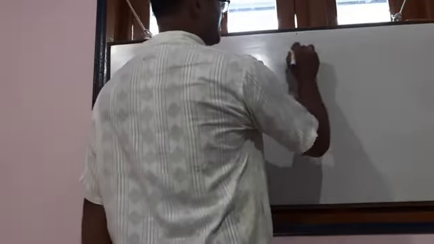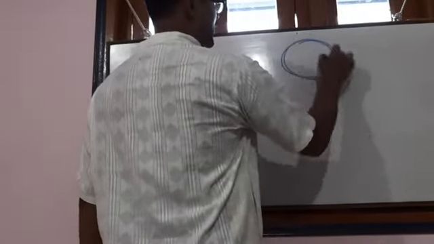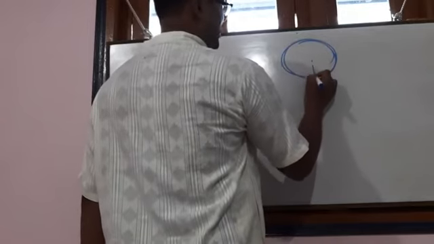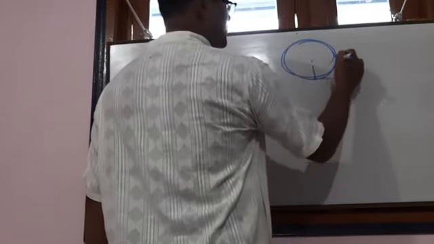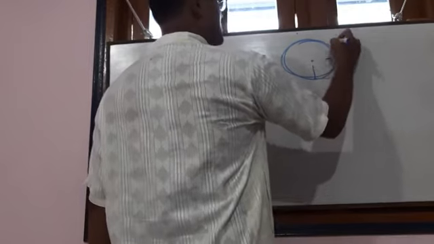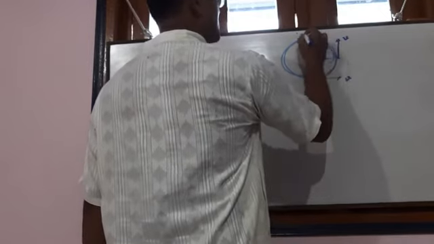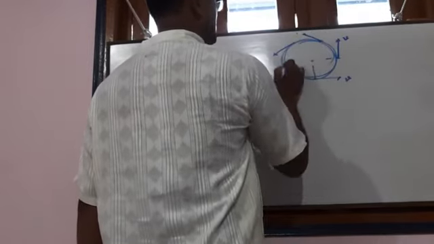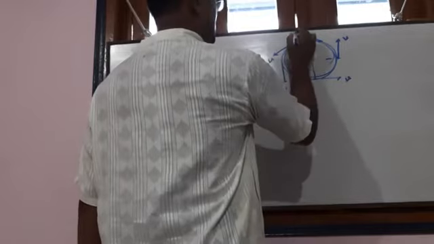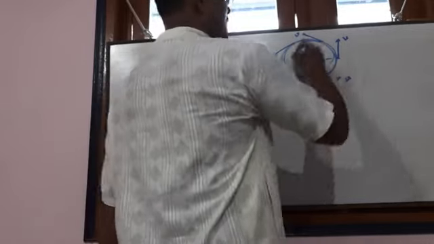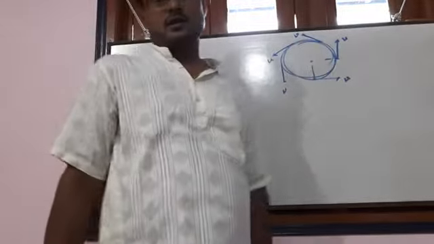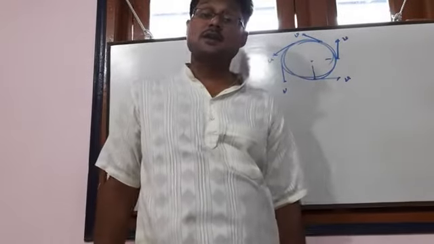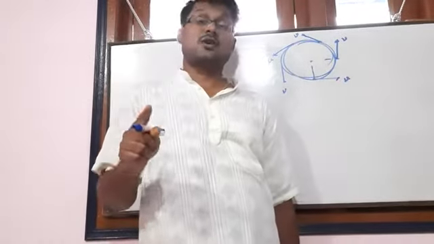Now what are the accelerations related with this motion that we have to discuss? Let this be a circular path where a particle is rotating. When the particle is here, the velocity direction is this. When the particle is here, the velocity direction is this. So you can see that the direction of linear velocity always changes.